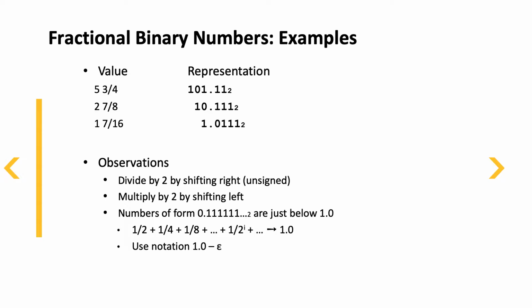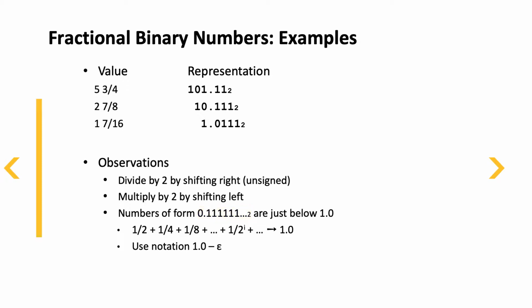And something that we want to note is that numbers of the form 0, binary point, and then a bunch of ones, right? So any number that has a 0, then the binary point, and then everything to the right of the binary point, for however big our representation is, if it's a bunch of ones, it's the value that can be represented with that number of bits that's just below 1.0.